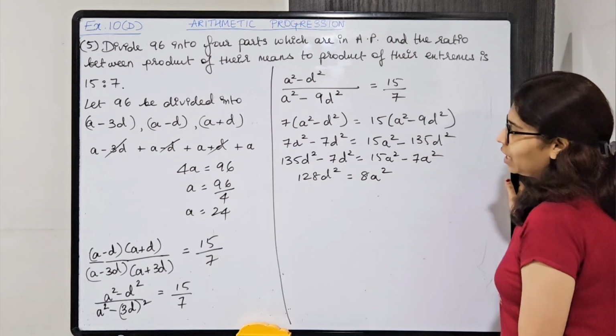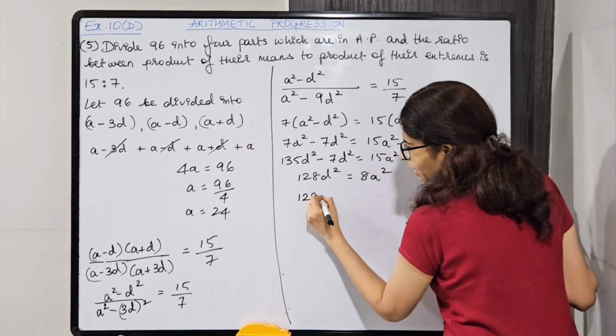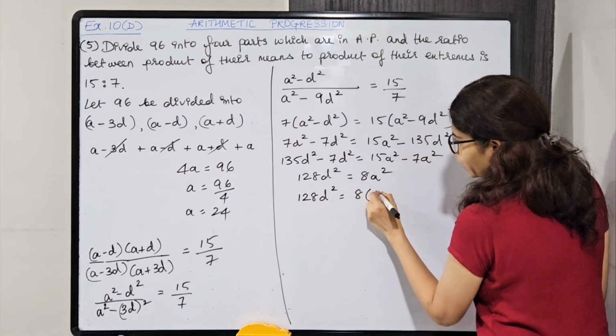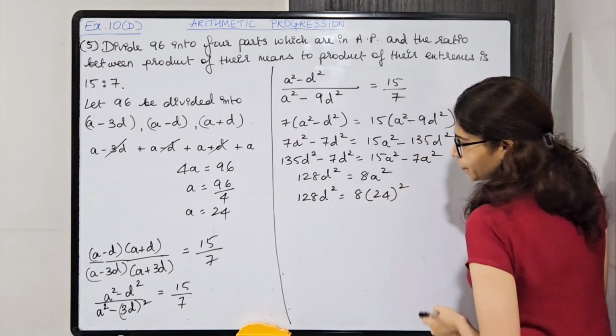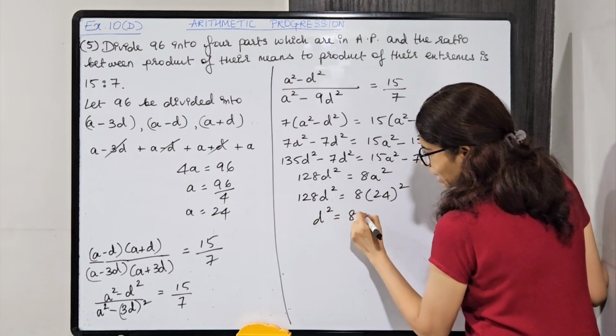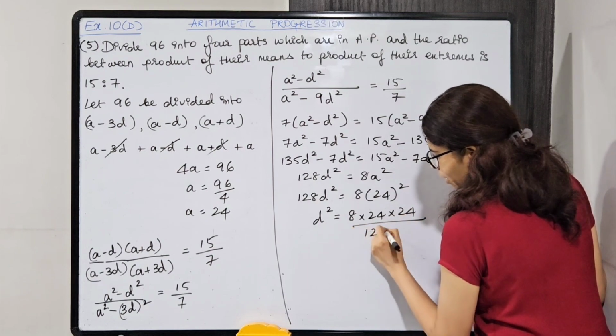Okay, now we'll put a ka value. So 128d square is equal to 8 into 24 square. Don't multiply, यहाँ पे cancellations होगा. So d square is 8 into 24 into 24 upon 128.